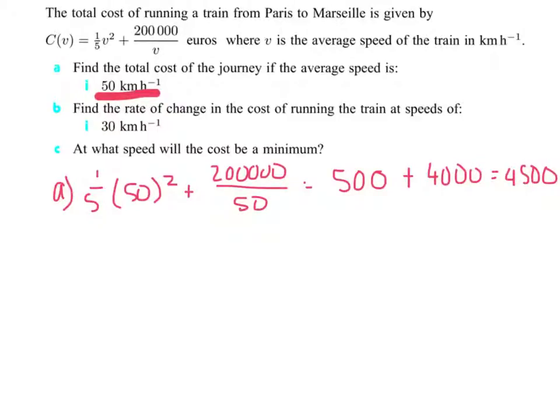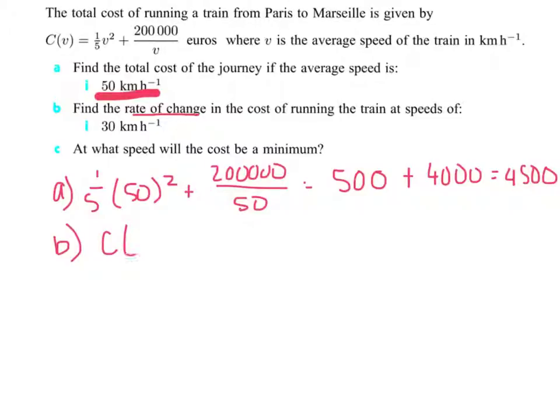And then for part B, find the rate of change in the cost of running the train at speeds of 30 kilometers per hour. The rate of change would require us to find the first derivative of C of V. Let's rewrite C of V because we have a fraction here.